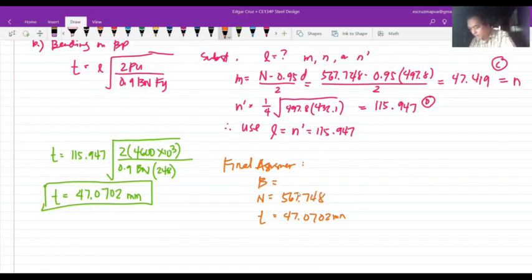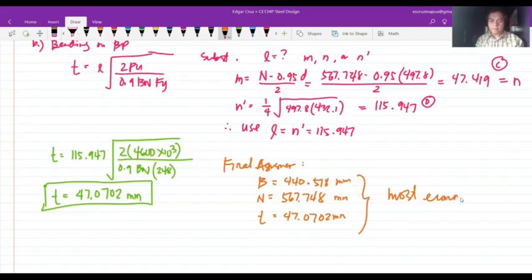Tapos yung B naman, 440.518. So these are expressed in millimeter. Again, these three are the most economical. So very theoretical yung sagot na yan kasi naka-eksakto yan, no? Up to 3 decimal places. So eksakto. Okay, so pagka tinanong kayo, what are the exact dimensions of the most economical base plate? So this would be our final answer.